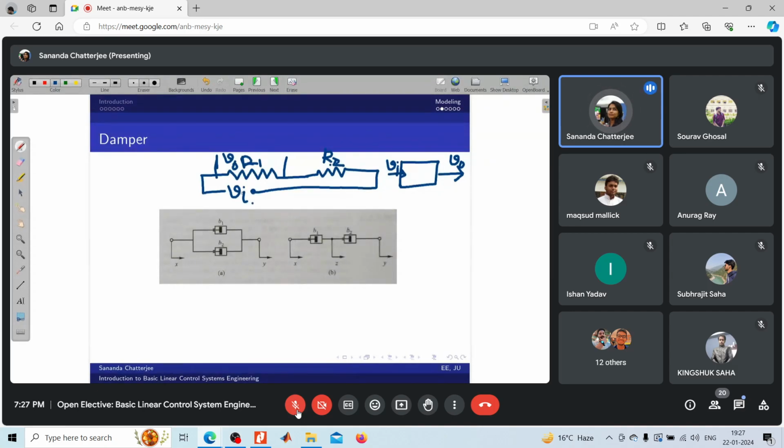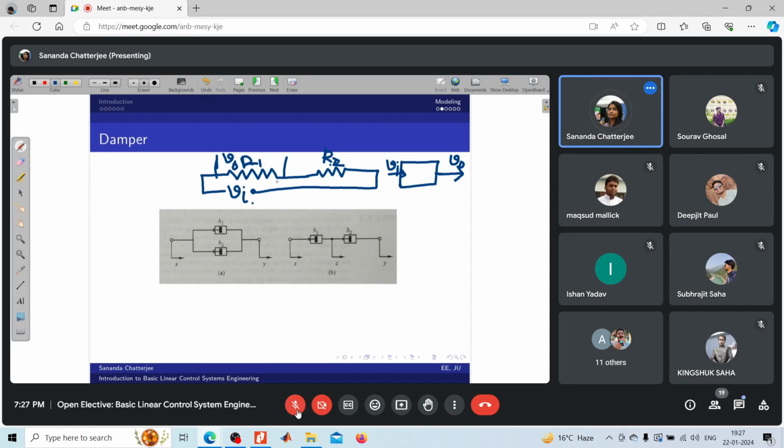So the input to the plant is Vi, that is input voltage Vi, and the output signal we are taking is Vout, that is the voltage drop across the resistance R1. Okay, so what will be the relation between Vi and Vo? Vo equals Vi into R1 by R1 plus R2.